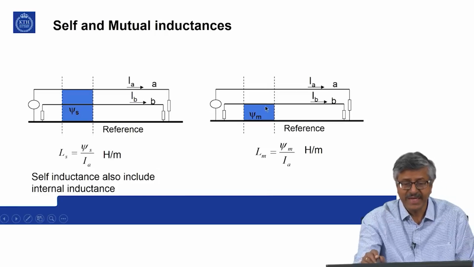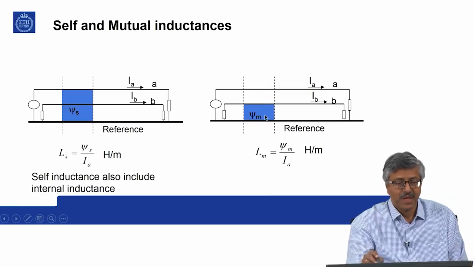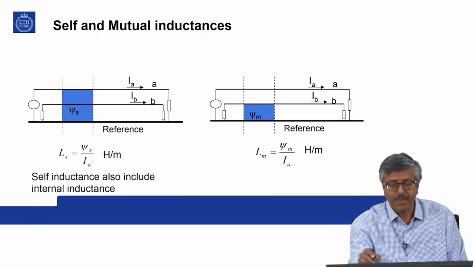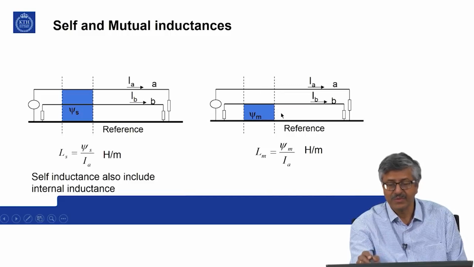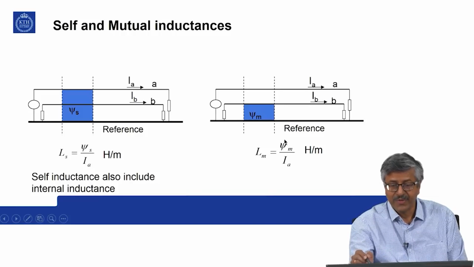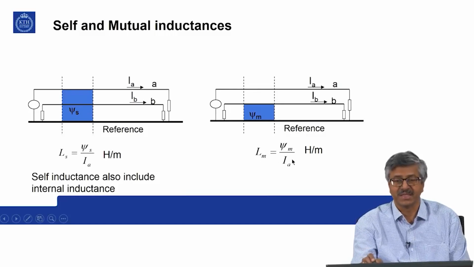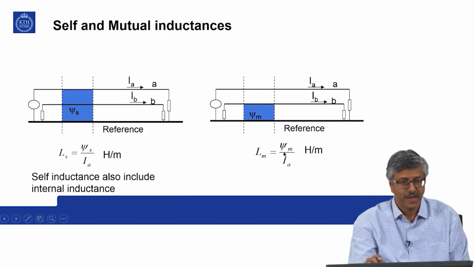Now, in the mutual inductance, you take this current, you see how much of the flux will couple with the circuit B. That flux, mutual flux divided by this current is called mutual inductance, henries per meter.